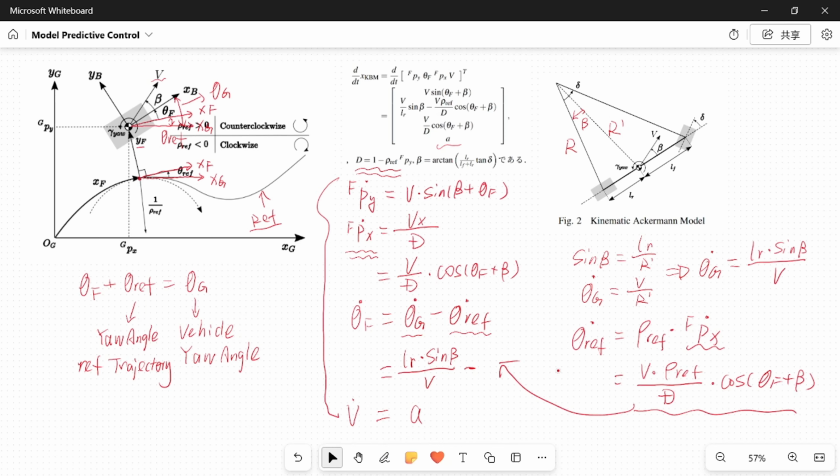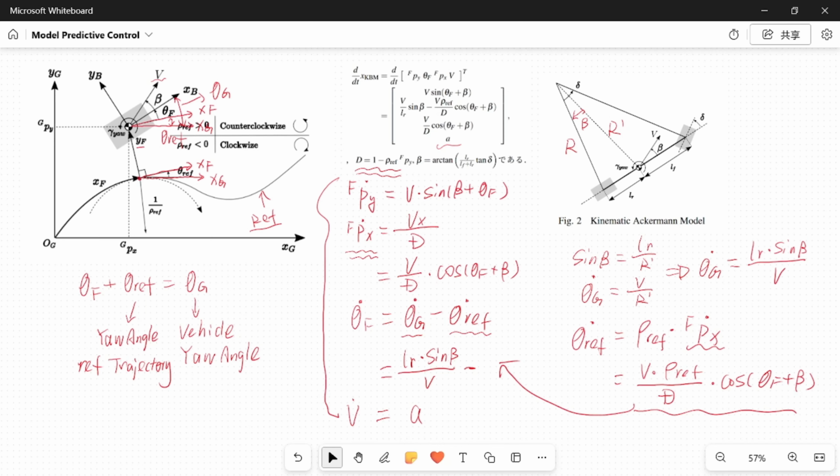This is the complete state space of the kinematic bicycle model, transformed from the global coordinate system to the FS coordinate system. Because this model doesn't introduce dynamic parameters like the cornering stiffness, it is primarily used for path tracking in low-speed scenarios such as automated parking assist or automated valet parking.